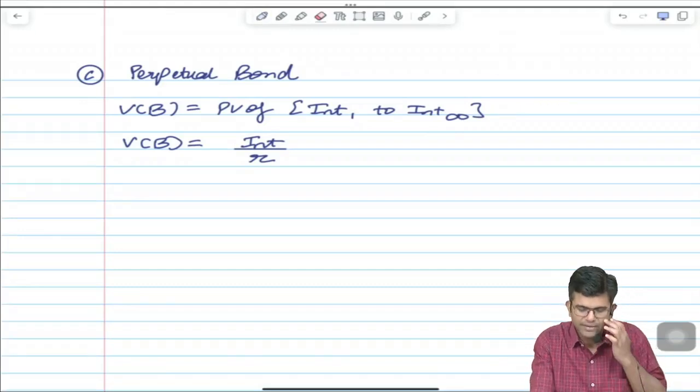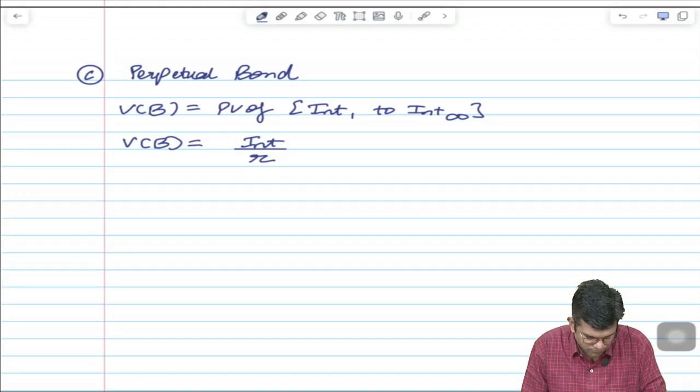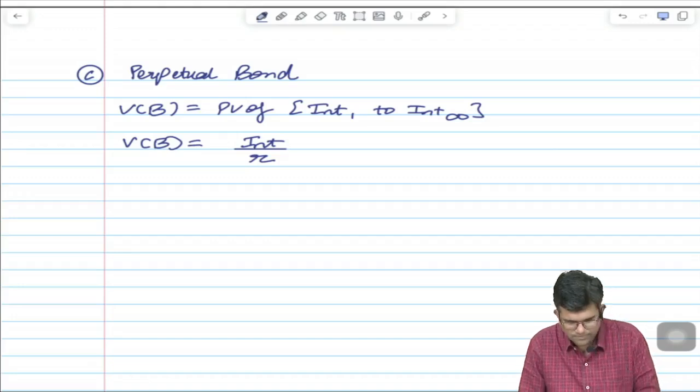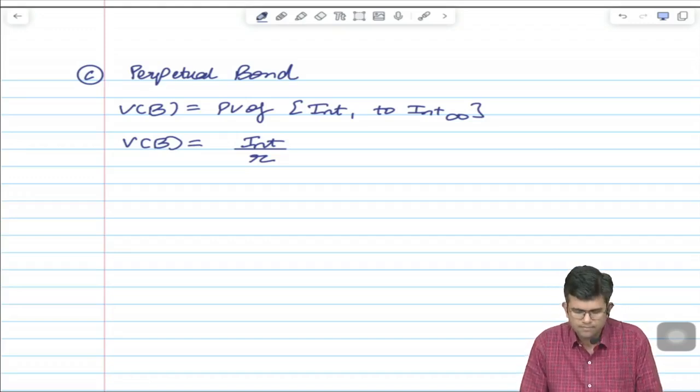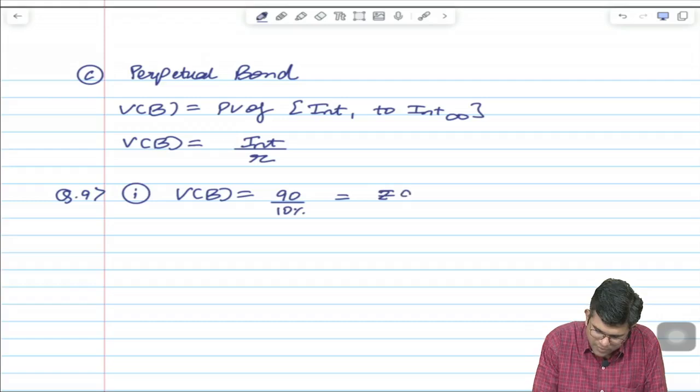V(B) is equal to 90 divided by 10%, which is equal to rupees 900.